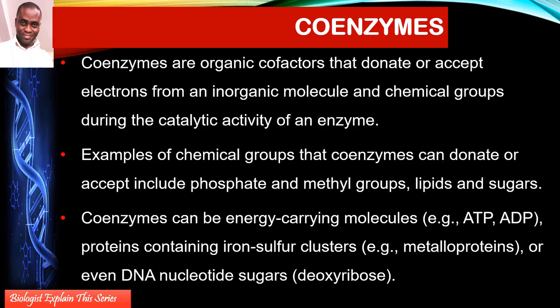If you hydrolyze ATP, you are going to get ADP and inorganic phosphate, and if you condense ADP with inorganic phosphate, you're going to get ATP. So these two are coenzymes, and they are very involved in energy processes. In the energy pathway, you're going to see them a lot.